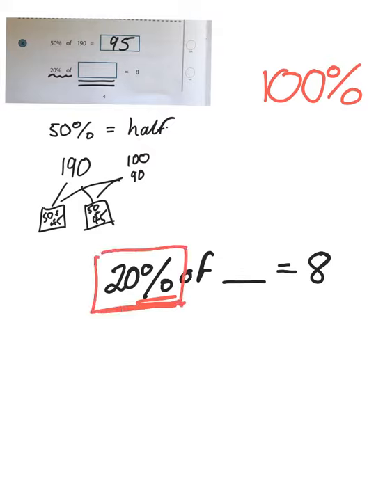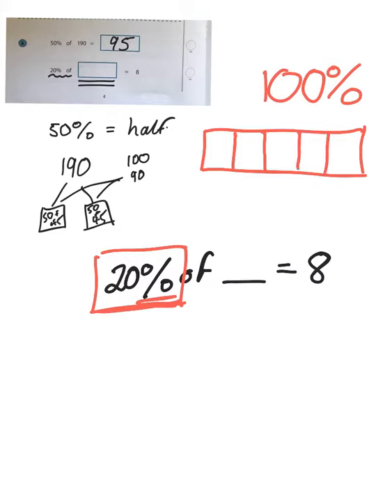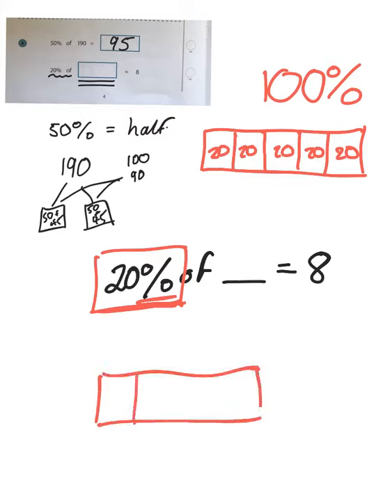How many groups have you got? 5. All right, and then each one has got 20% in it. Okay, do you understand that? Yes. So if we've got 5 pots, like that, it's supposed to be equal size, but we can imagine.